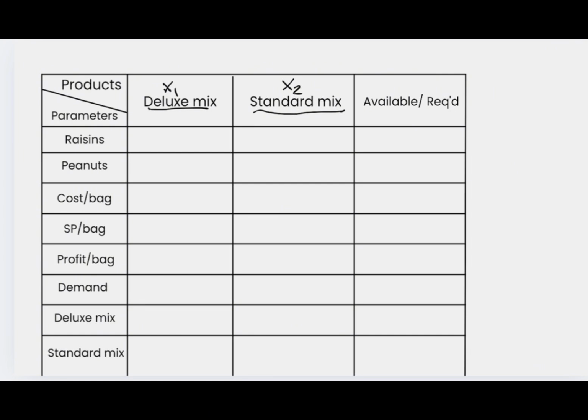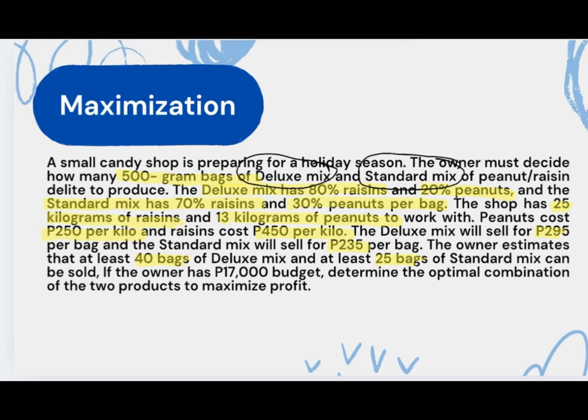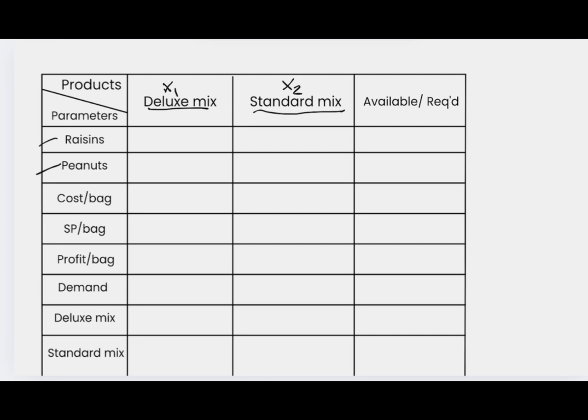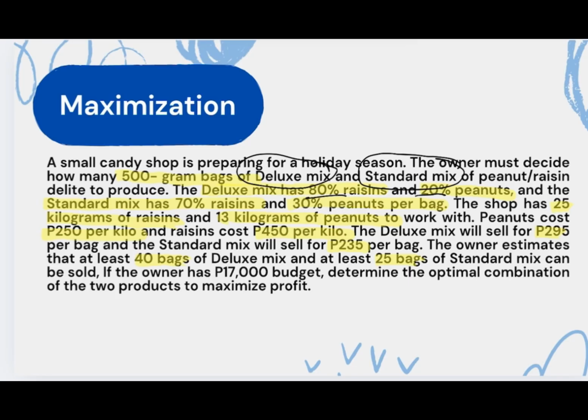Then, how many raisins and peanuts? In the deluxe mix, there is 80% raisins and 20% peanuts. So deluxe mix is 0.80 because 80% is 0.80, and peanuts is 0.20.